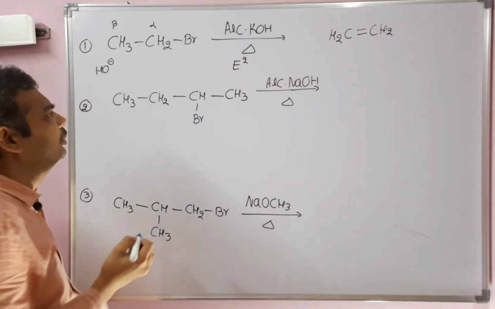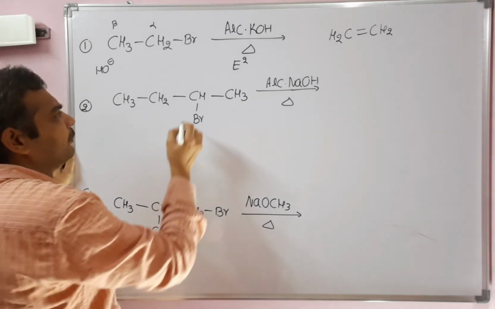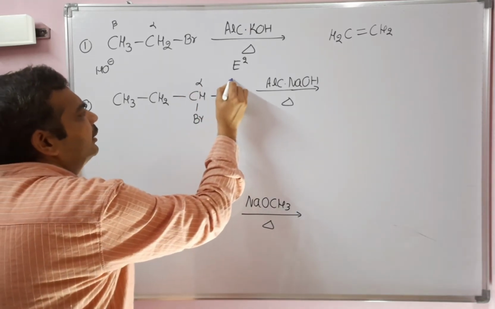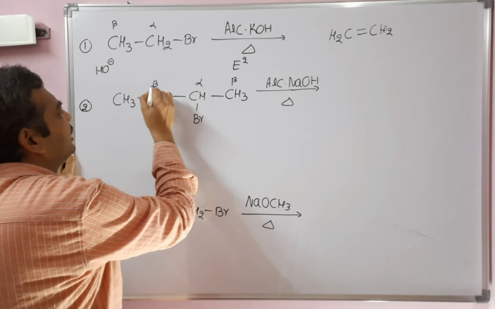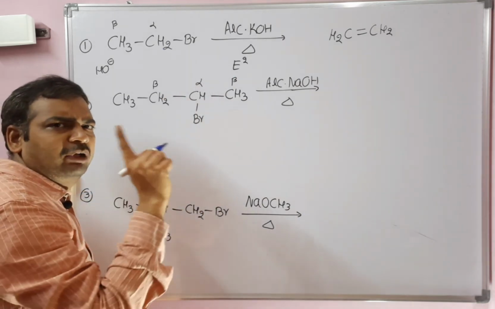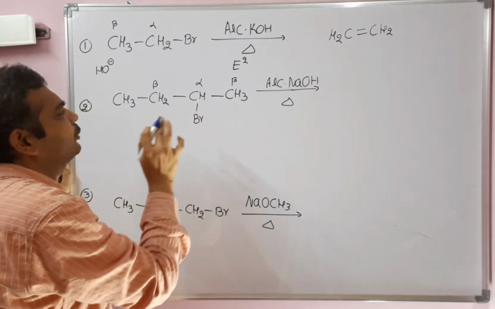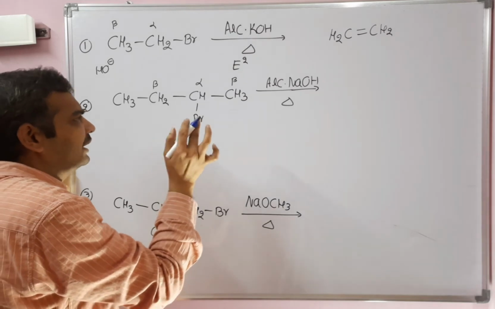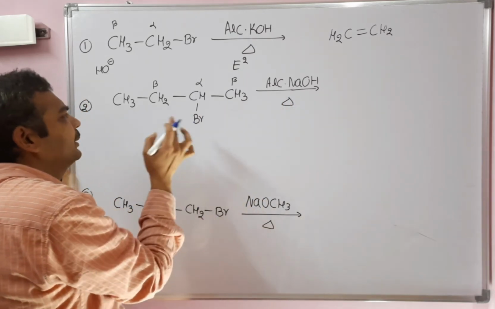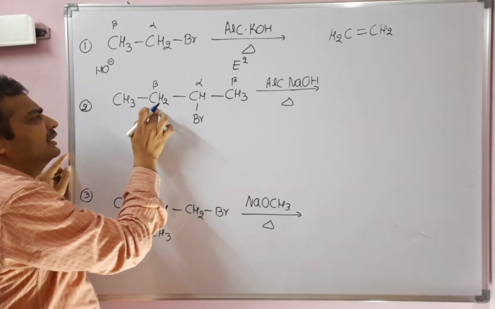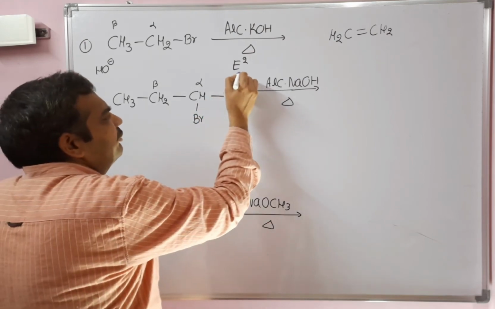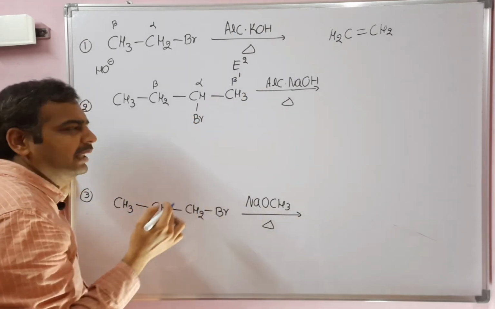Second example, 2-bromobutane, alpha carbon. Here 2 beta carbons are there. In the first example, only 1 beta carbon, 1 product. Here the strong base can abstract a proton either at this beta or this beta, so to differentiate we will write beta and beta prime.